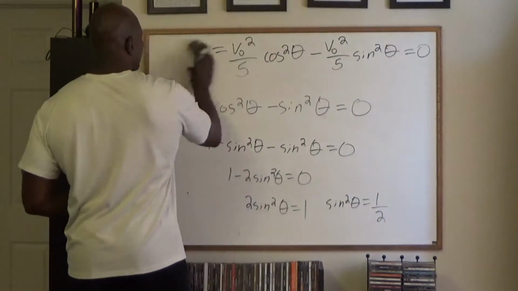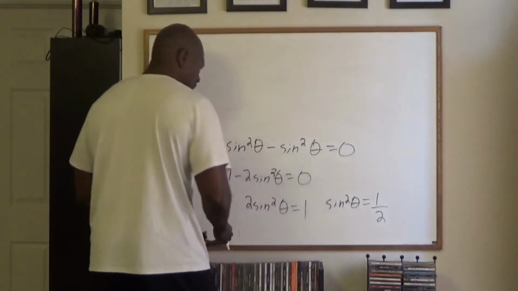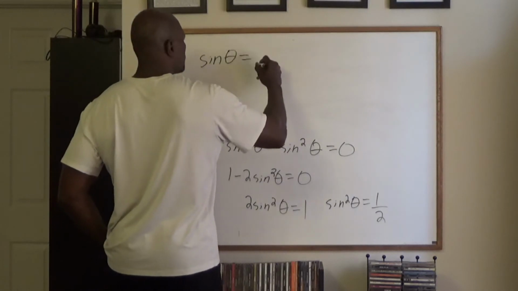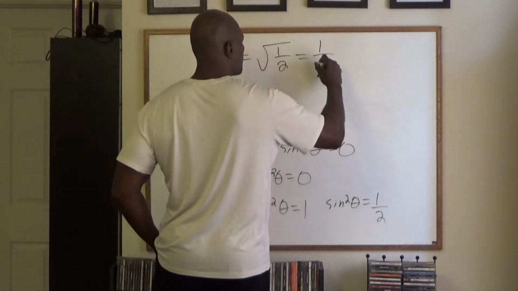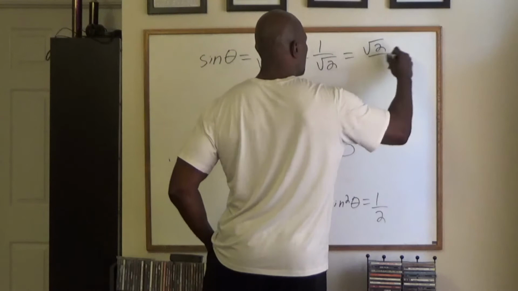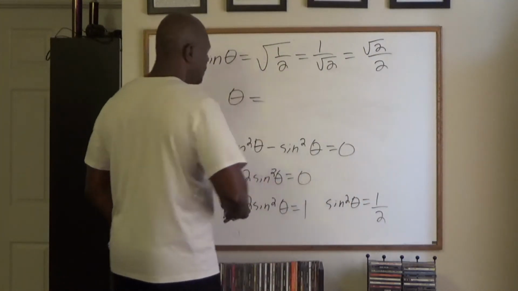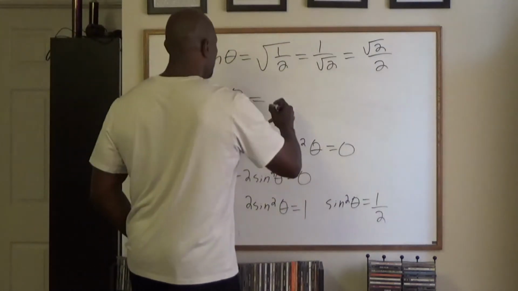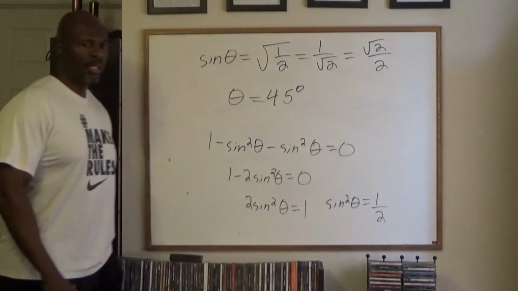which means sine theta equals the square root of 1/2. Which is 1 over the square root of 2, or it can also be thought of as the square root of 2 over 2, and the value of theta between 0 and 90 that satisfies this particular value is 45 degrees, or pi over 4 radians.